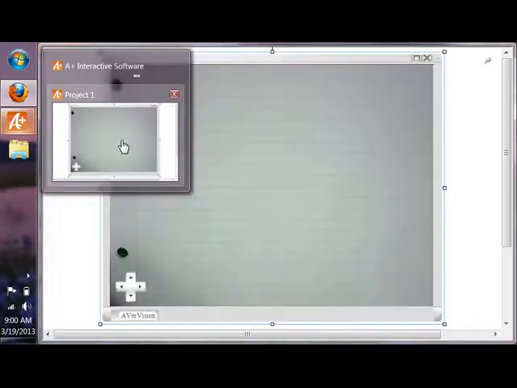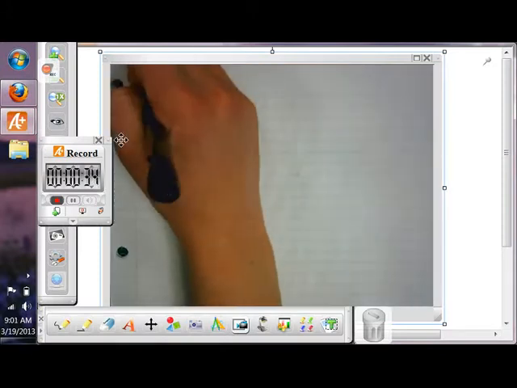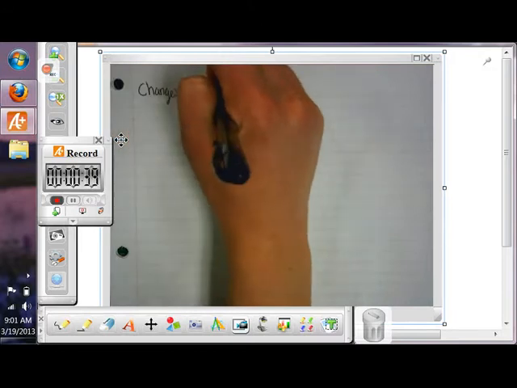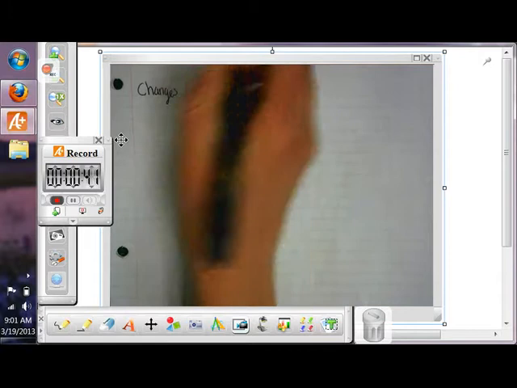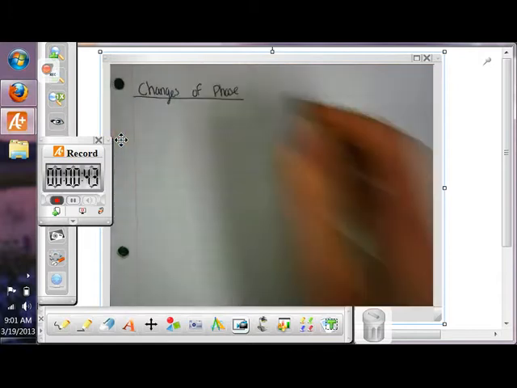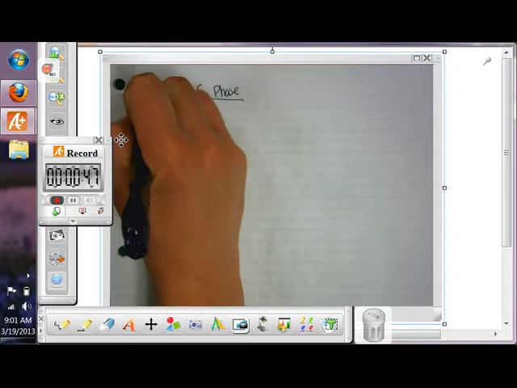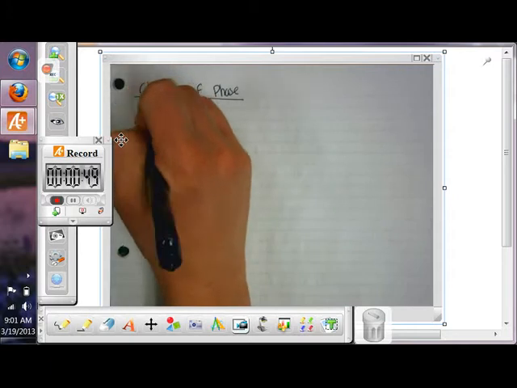Okay, now let's start our notes. So the title of the notes is going to be Changes of Phase. And matter basically comes in 3 phases. 1, 2, and 3.